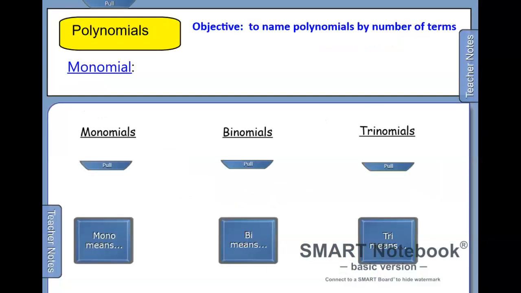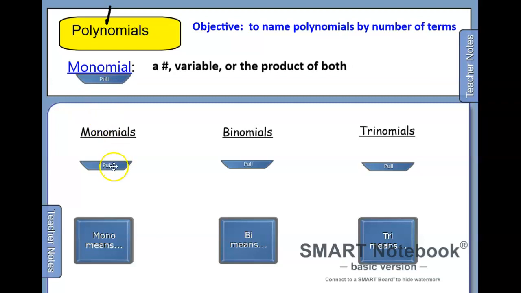So that brings us to talking about how you name polynomials based on the number of terms that there are. So a monomial is a number, a variable, or the product of both. Here's what I mean. A monomial looks like this.